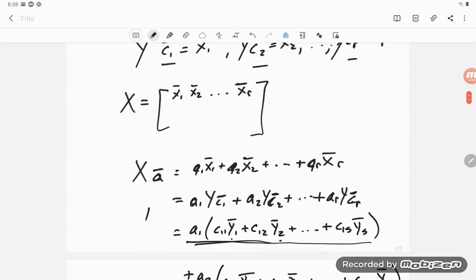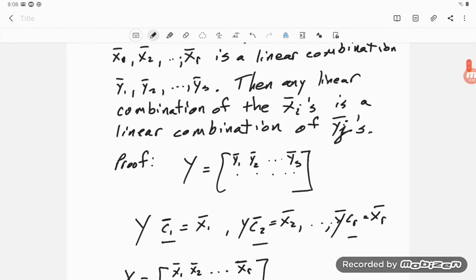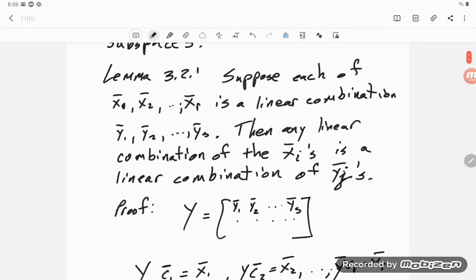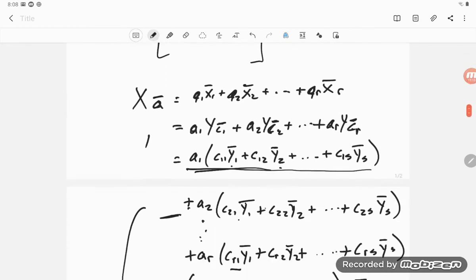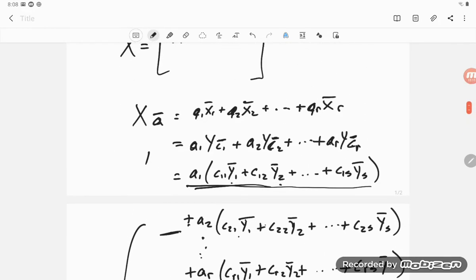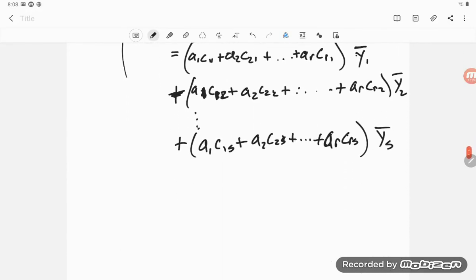And again, that's what we were supposed to show, right? Suppose each of the x's is a linear combination of the y's, then any linear combination of the x's is a linear combination of the y's. And so I've shown that. I started with a linear combination of the x's and got to a linear combination of the y's. Okay, so that's that lemma.